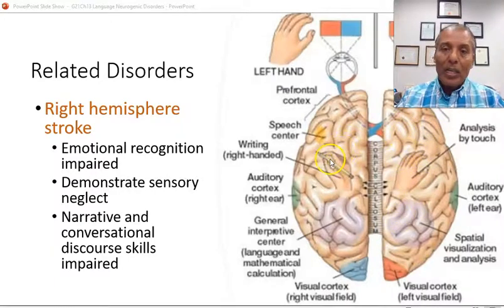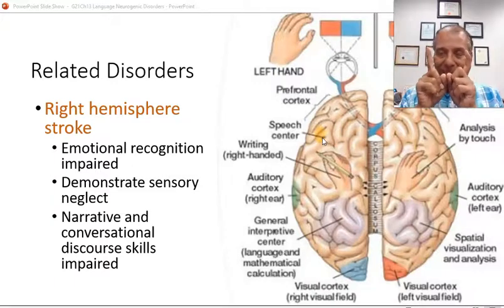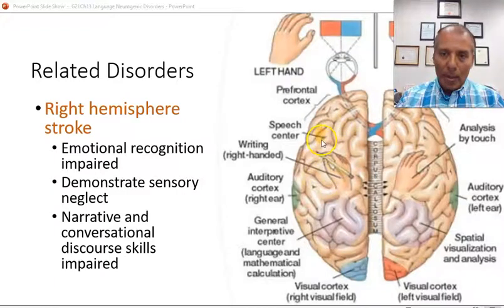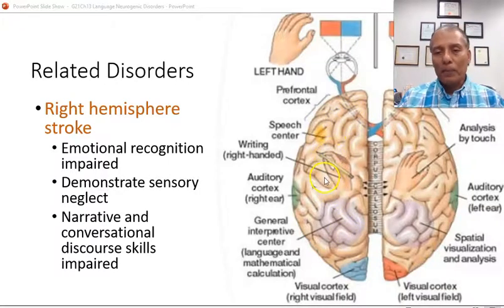The left hemisphere is dedicated to the minimal pieces, to the analysis of words, comprehension of words and sentences on the sentence level, and the grammar and the language fundamentals, sounds and word formation are all fundamental language skills that are mediated or are the function of the left hemisphere.